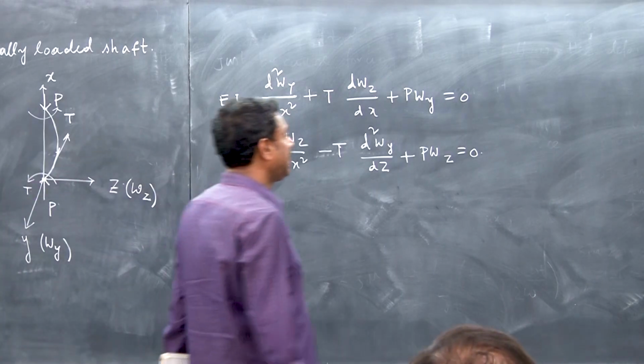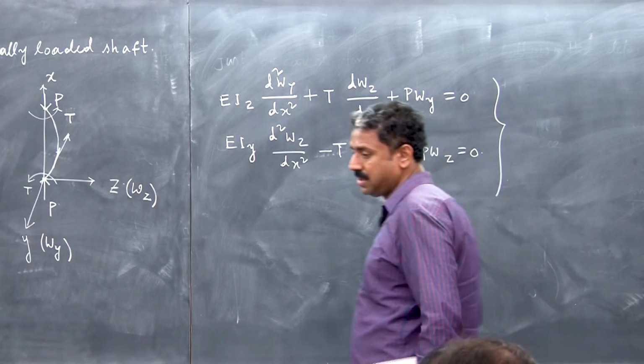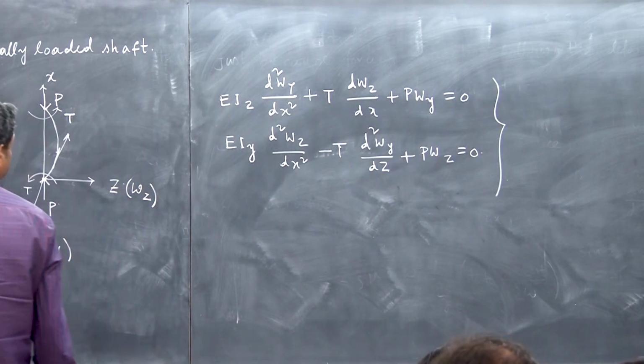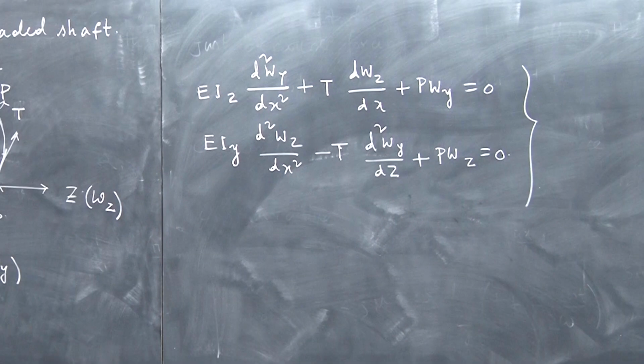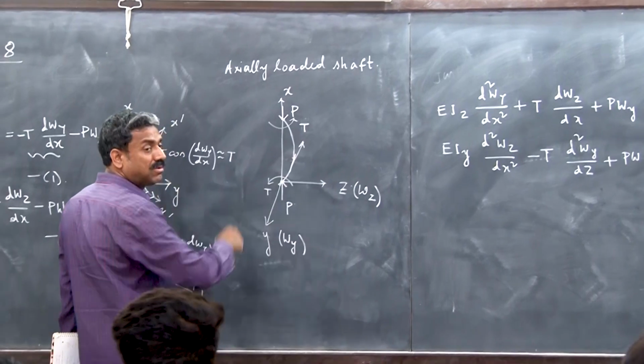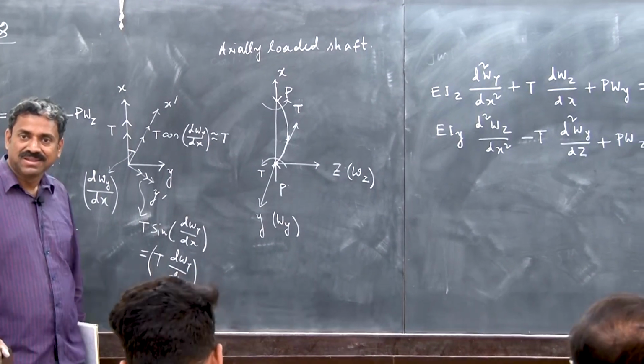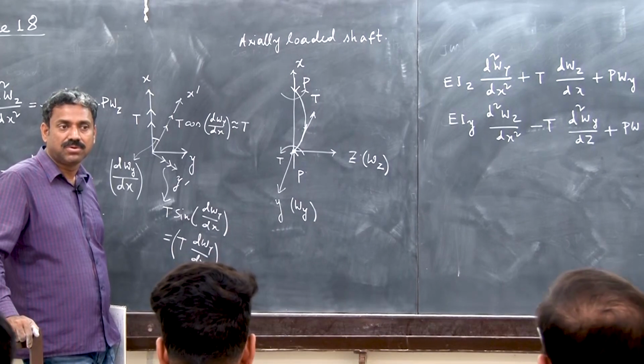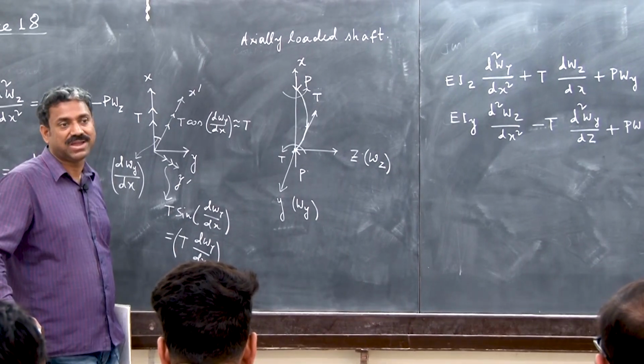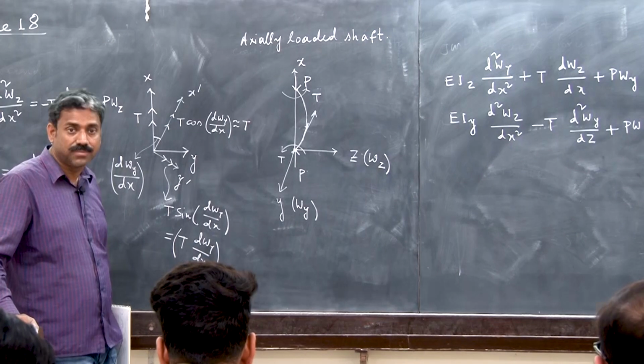The interesting part here is that, let me explain once again what is happening. You have your column, your shaft, that is subjected to torque and also to axial force. We have considered its deformed configuration.